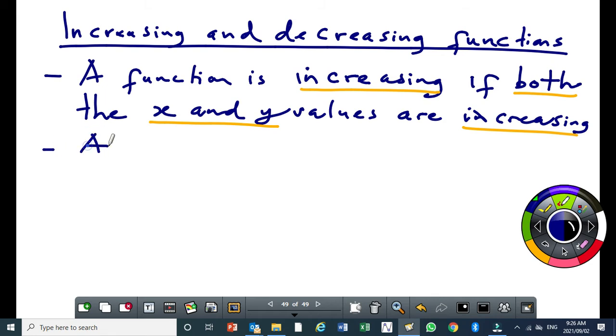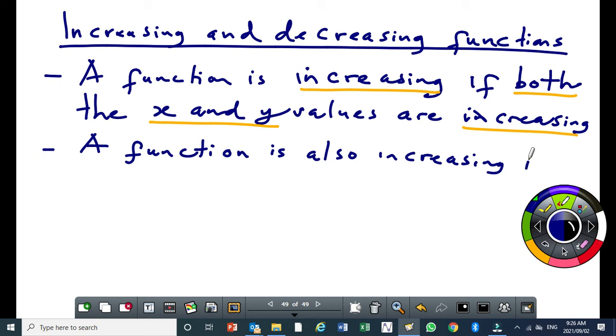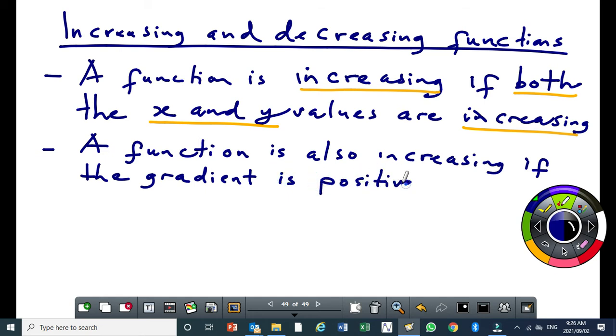Right, the function is also increasing if the gradient is positive. Okay, so the gradient must be positive.